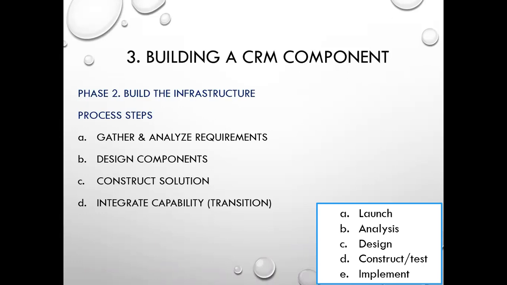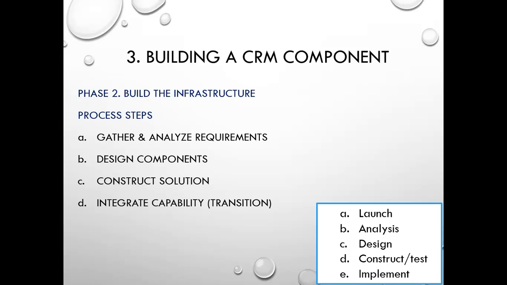The third one is know your customer. The fourth one is deliver customer offer. We are discussing the second phase, that is build the infrastructure, which is under the heading of building a CRM component. There are procedural steps.